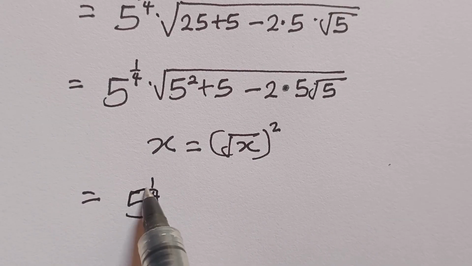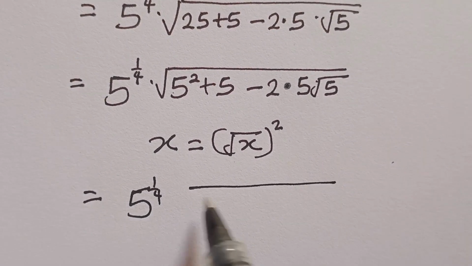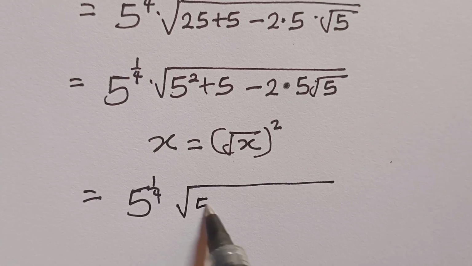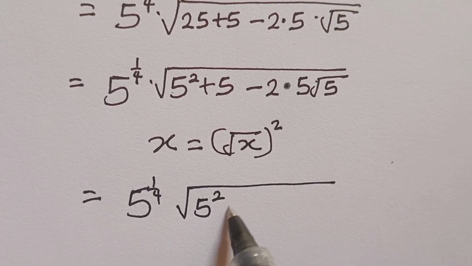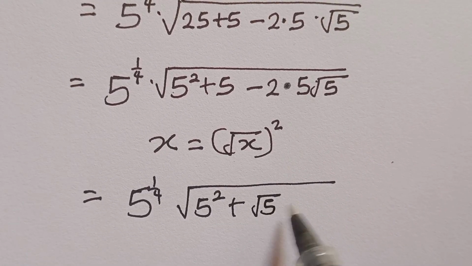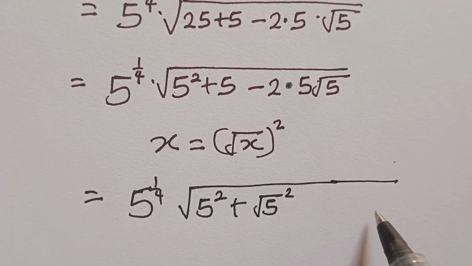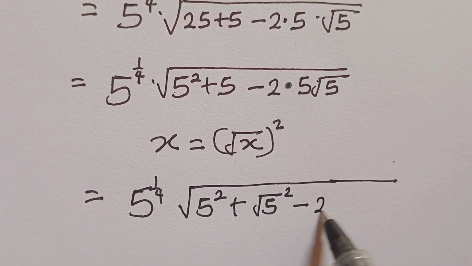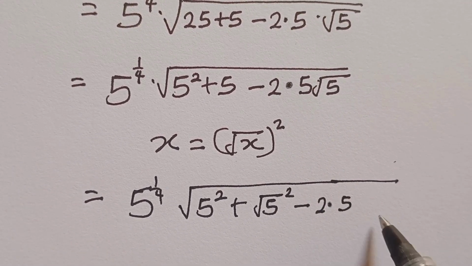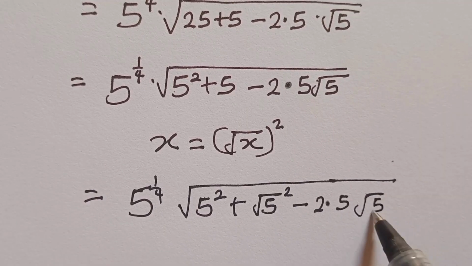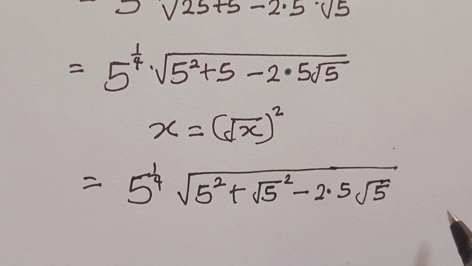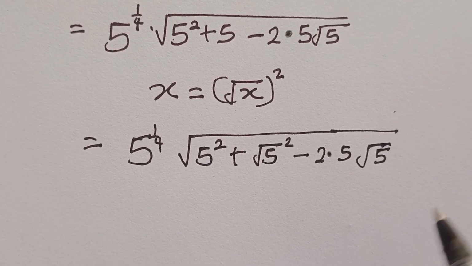So therefore 5 raised to power 1 over 4 multiplied by square root of 5 squared plus square root of 5 squared, that is, the square cancels the square root, we are still left with 5 minus 2 times 5 square root of 5.